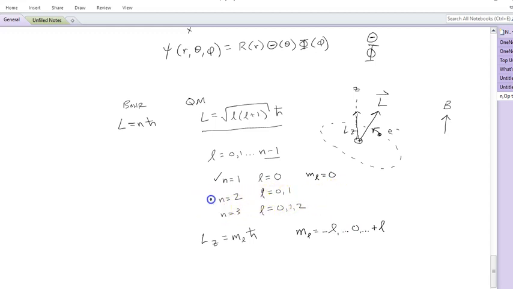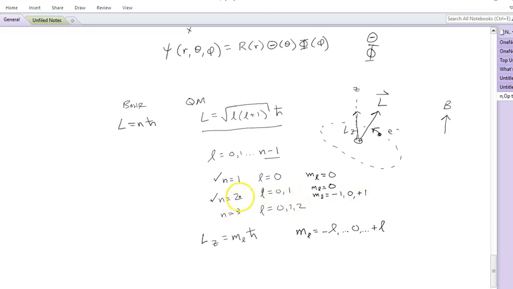Over here, when n equals 2, we said L could be 0 or L could be 1. Well, if L is 0, we could have an m sub L of 0. That's it. But if L is 1, we could have an m sub L of minus 1 plus an integer, 0 plus integer plus 1.